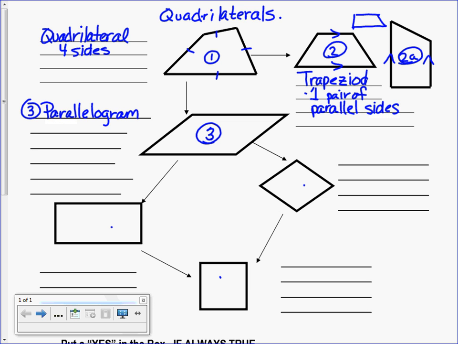The main characteristics of our parallelogram is that it has 2 pair of parallel sides, and the opposite sides are congruent.